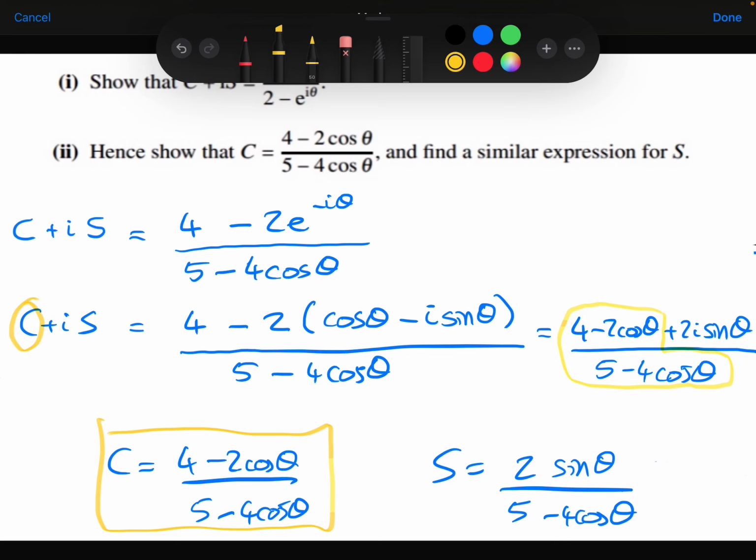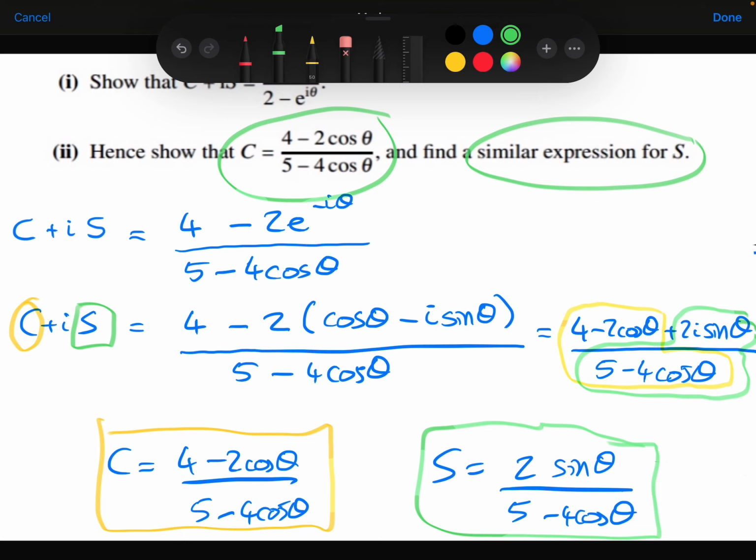The S is the imaginary part of this sum, which is the 2 sine theta over 5 minus 4 cos theta. And there we go, we've managed to show this, and we've found a similar expression for S.